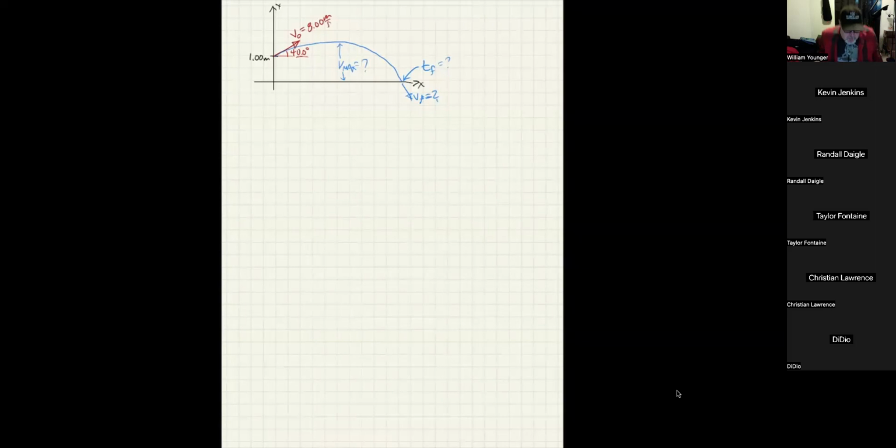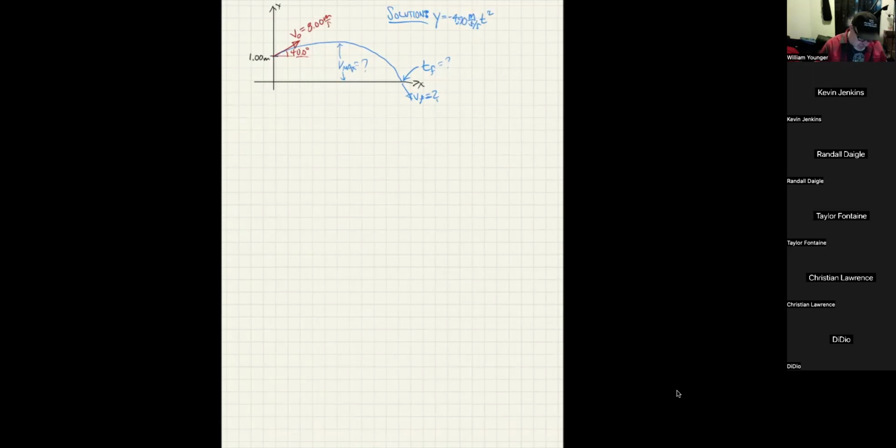So immediately I realize I've got some equations for kinematics, and those are going to come in super useful. My solution is going to start right here. One thing I know is that y as a function of time is going to equal negative 4.90 meters per second every second times t squared.